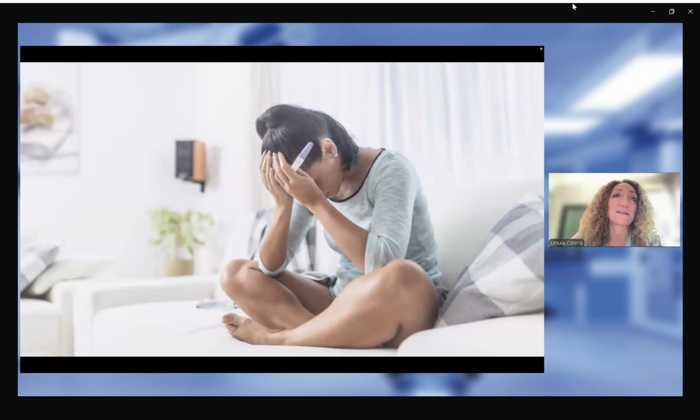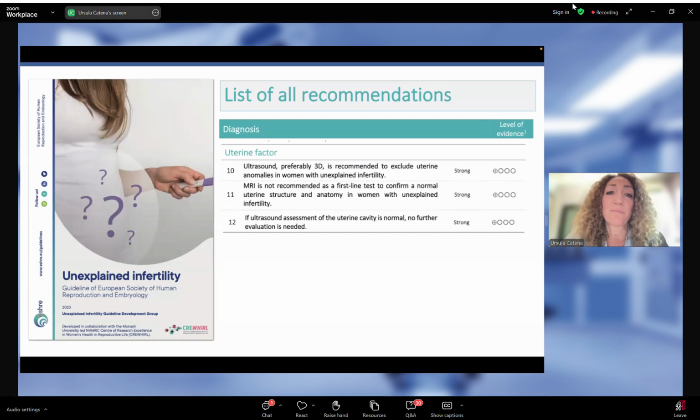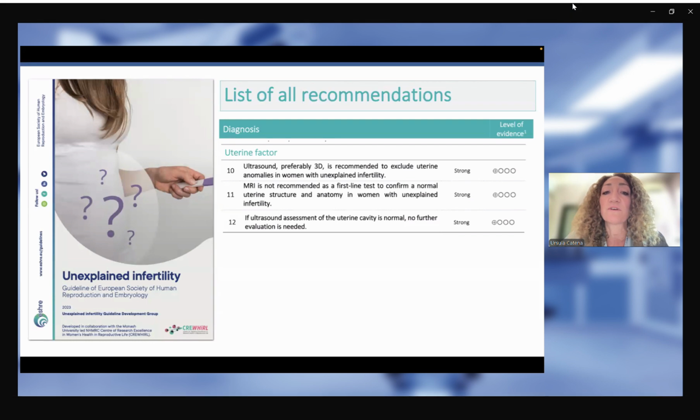If we start in general, we deal all day in our clinical life with patients who cannot succeed to conceive. If we look at the ESHRE guidelines on unexplained infertility, regarding the diagnosis of uterine infertility factor, it is recommended to perform ultrasound, 3D ultrasound, to exclude uterine anomalies in women with unexplained infertility.